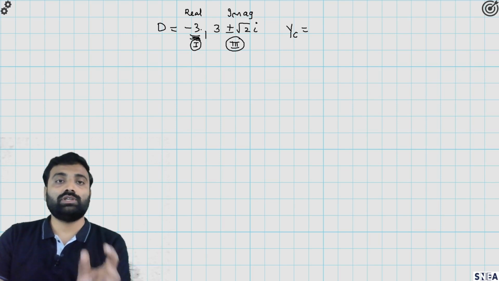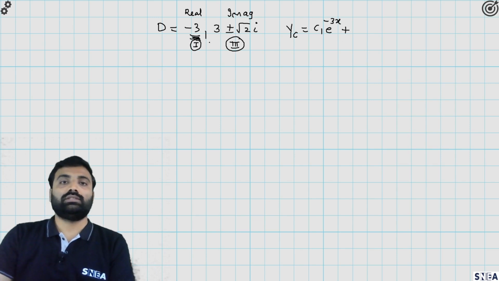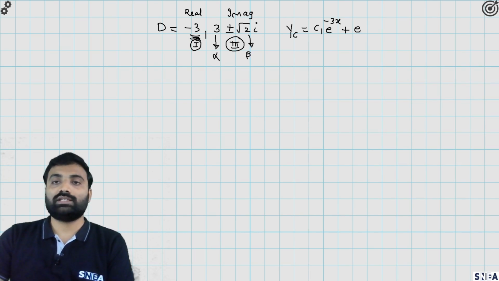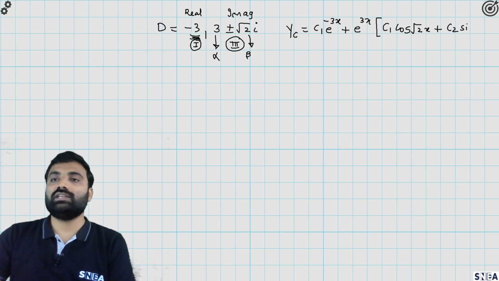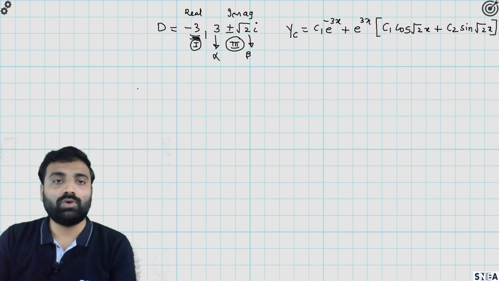So according to case 1 ये हो गया m1. So c1 e raised to minus 3x plus, okay, 3 is the alpha, root 2 is the beta, so e raised to alpha x, e raised to minus 3x in bracket आप क्या लिखोगे, c1 cos beta, what is beta, root 2, so root 2x plus c2 sin beta, what is beta, root 2x. Are you getting this point? This is the value of yc.